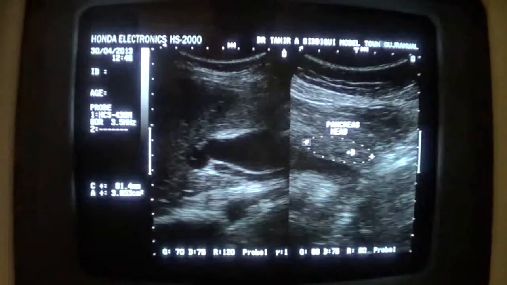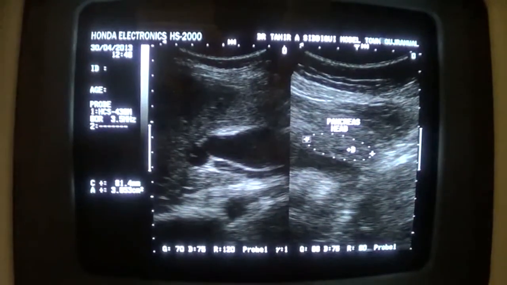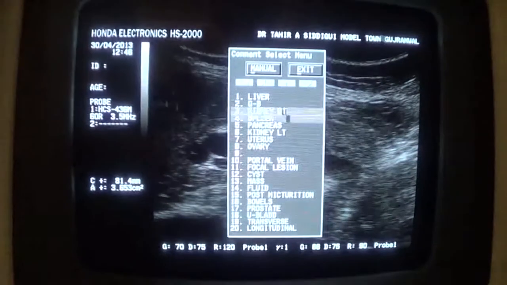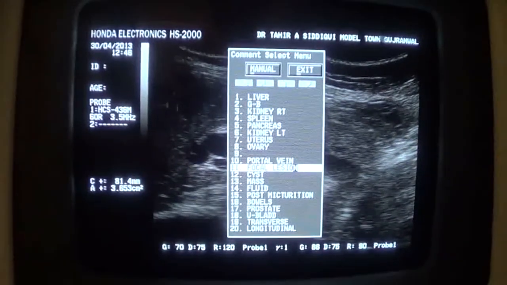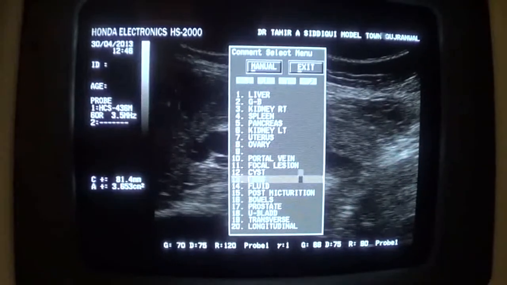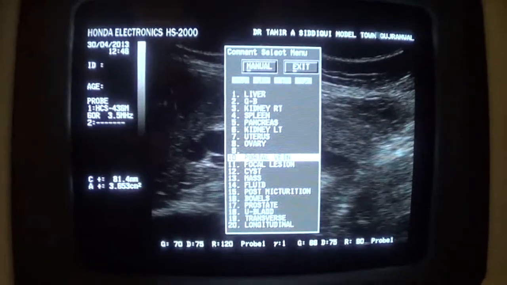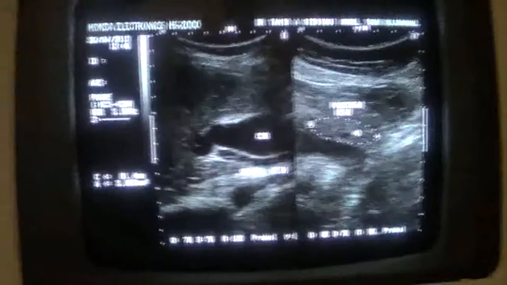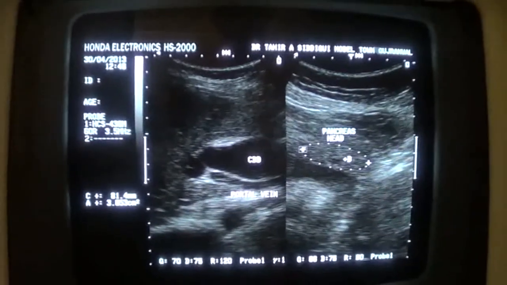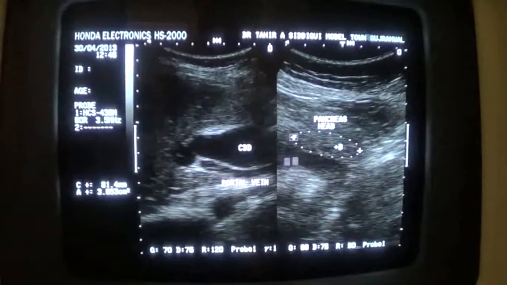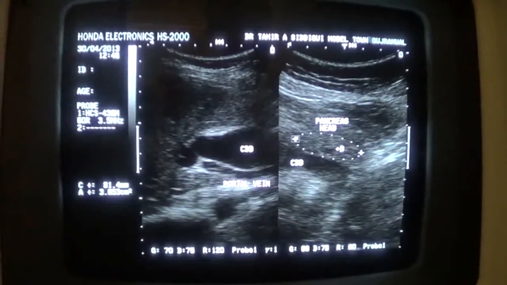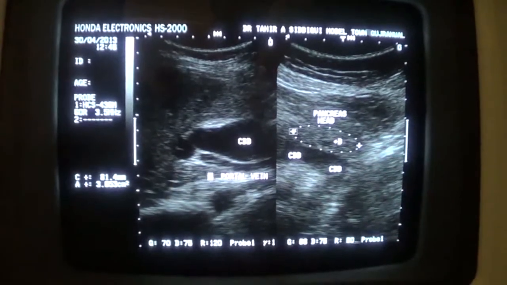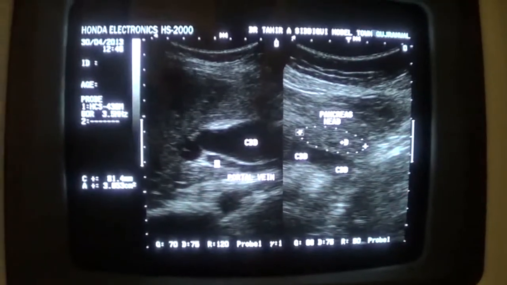This is the CBD. This vascular structure posterior to the CBD, this area is the portal vein. Okay, and this is the CBD. This is portal vein.